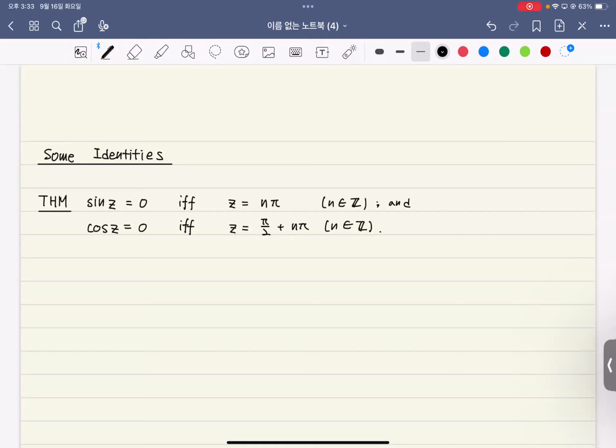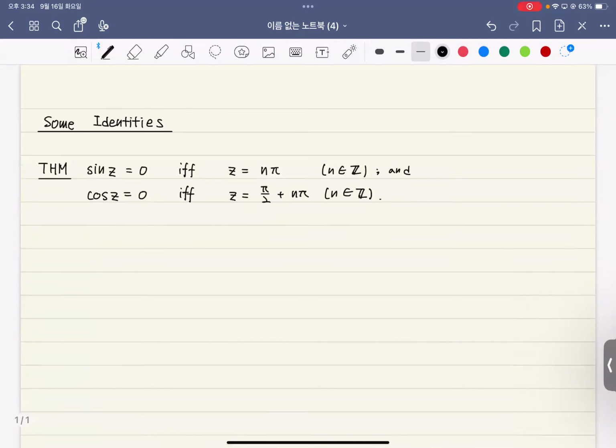So if you believe in the theorem, then I can conclude that the zeros of the complex trig functions are precisely the same as those of the real sine and real cosine.